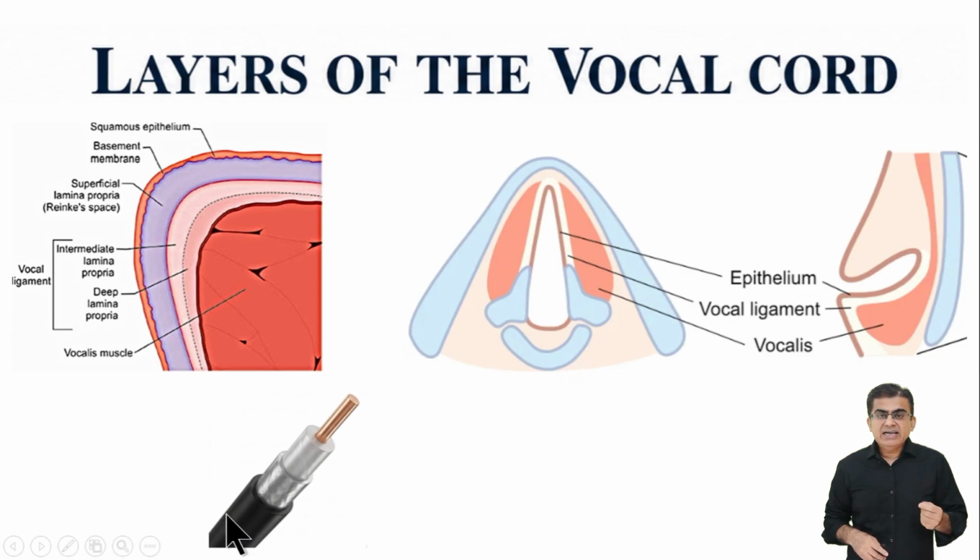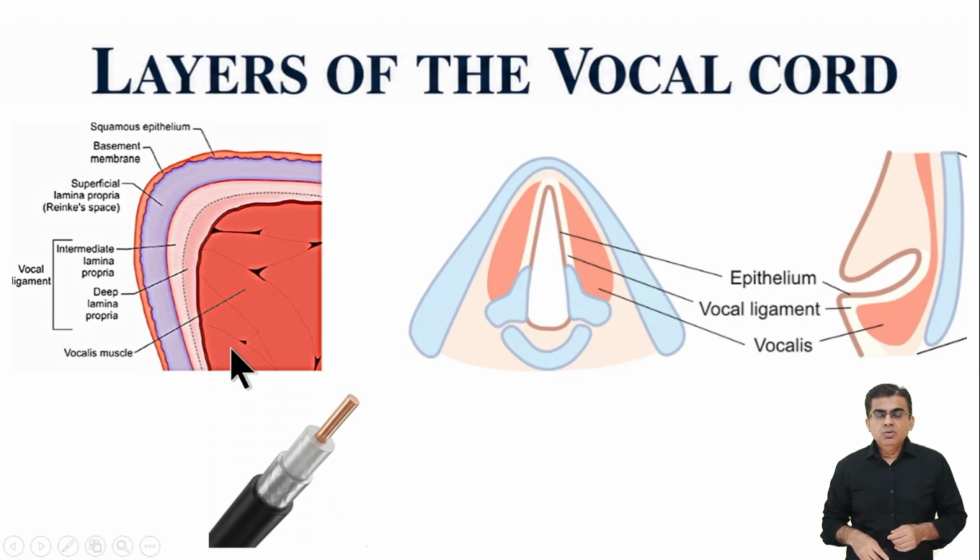But if you accidentally cut the deep copper wire inside, the signal is completely destroyed. Our laser surgery on vocal cords works on this exact same principle. We must strictly understand these distinct layers from outside to the inside.